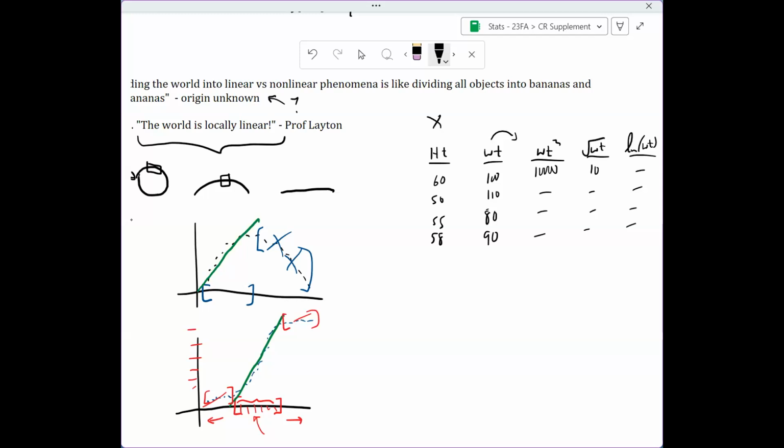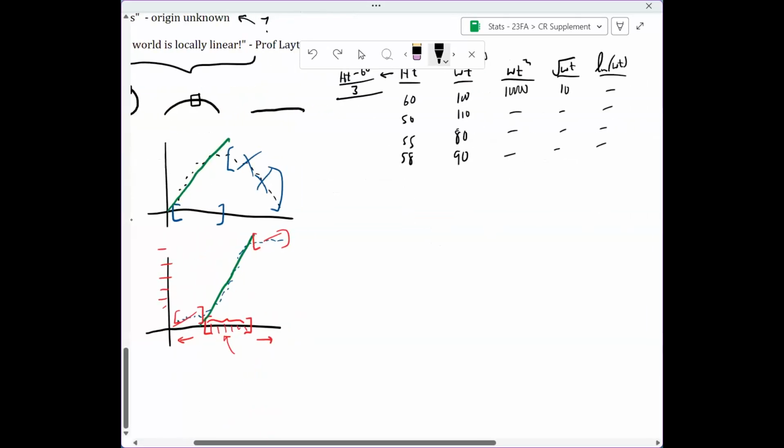If I call this X and this one Y, when I plot that, does that look kind of like a line? What about if I used this as the Y? What if I used height minus 60 over, let's say, 3 or something like that, as X, and this is Y. And this is actually kind of what a certain type of machine learning model does.